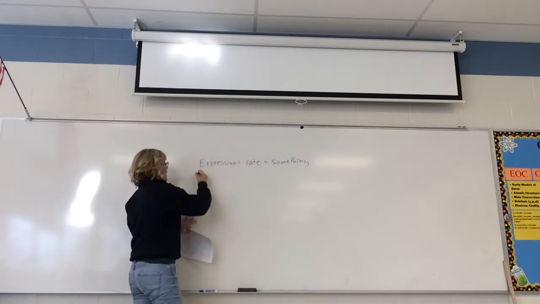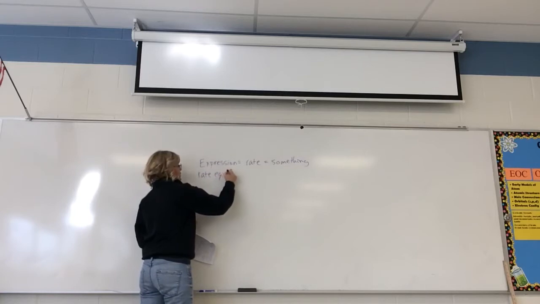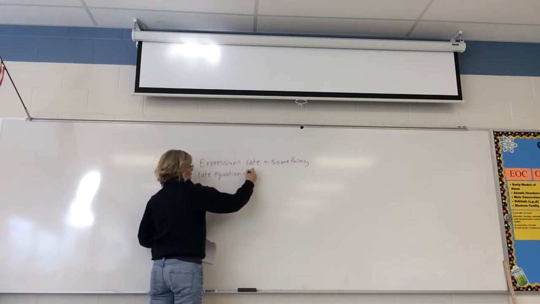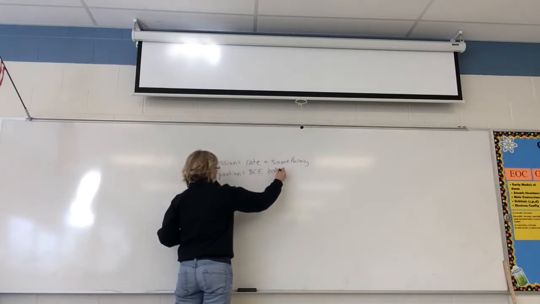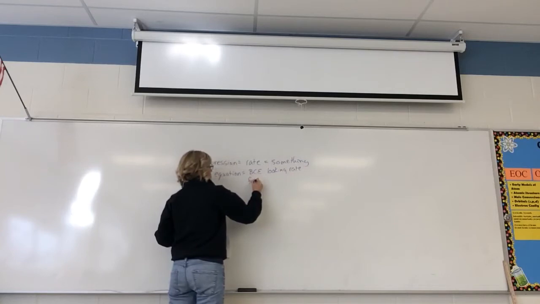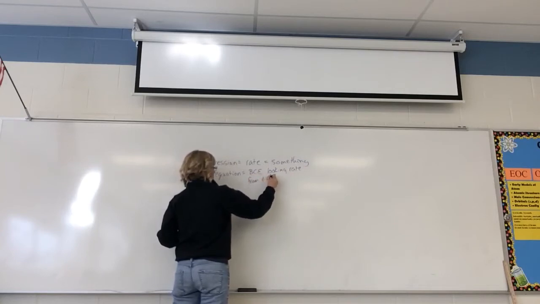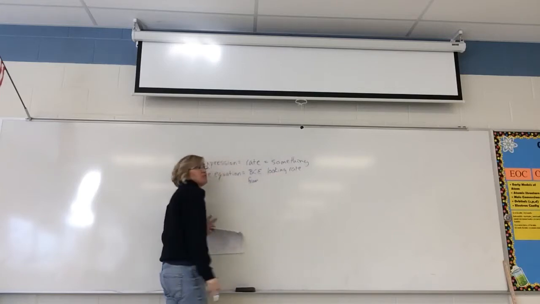Something more specific, a rate equation is when we're using the balanced chemical equation and looking at rate from the disappearing, is that 2 S's? No. How do you spell disappearing?